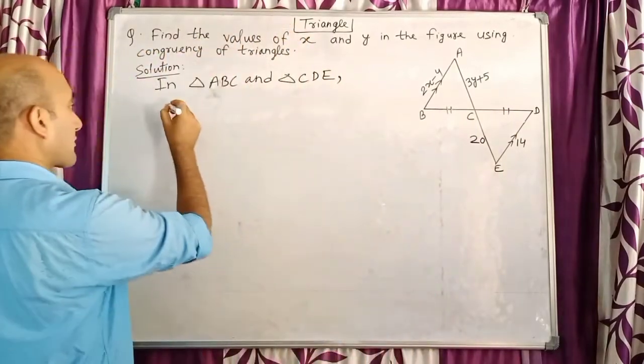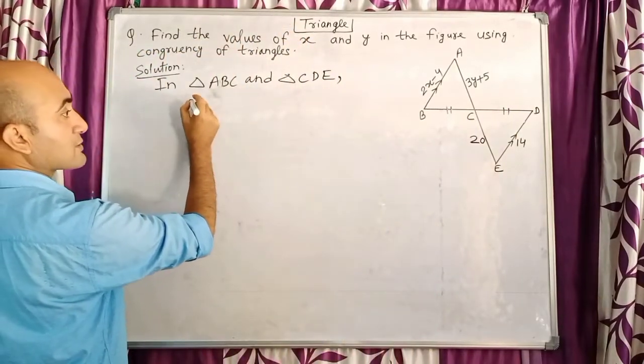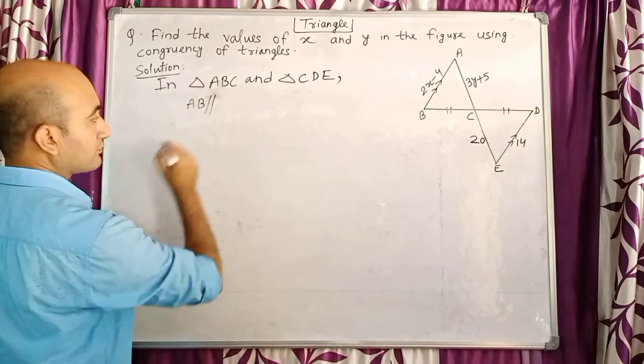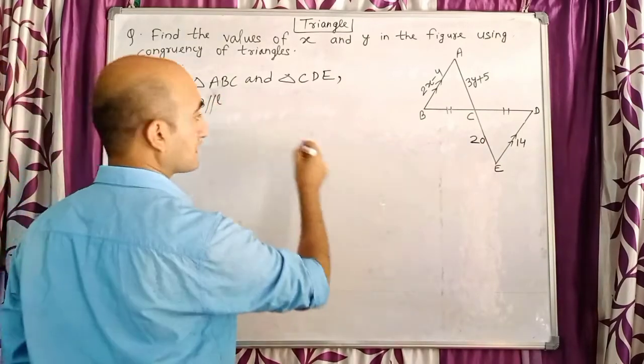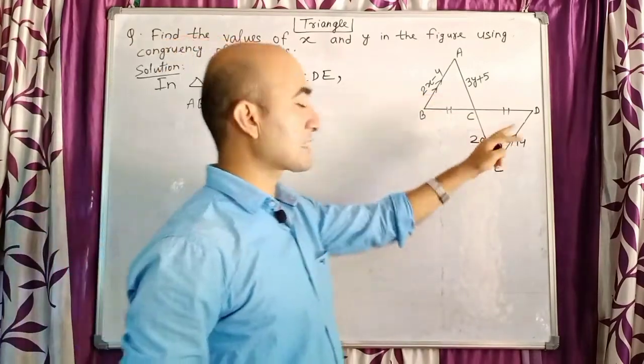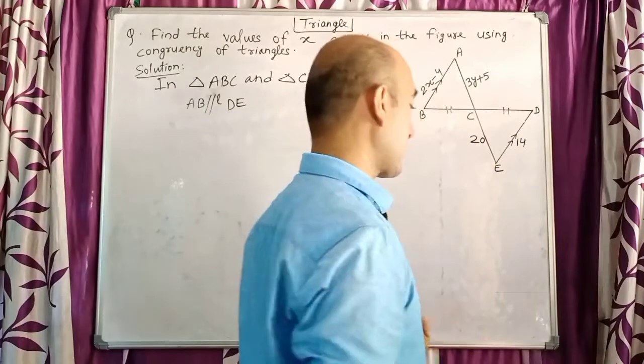So first I will start from the parallel part. What is parallel here? AB is parallel to DE. Now when these two lines are parallel, alternate angles will come here. Now how?